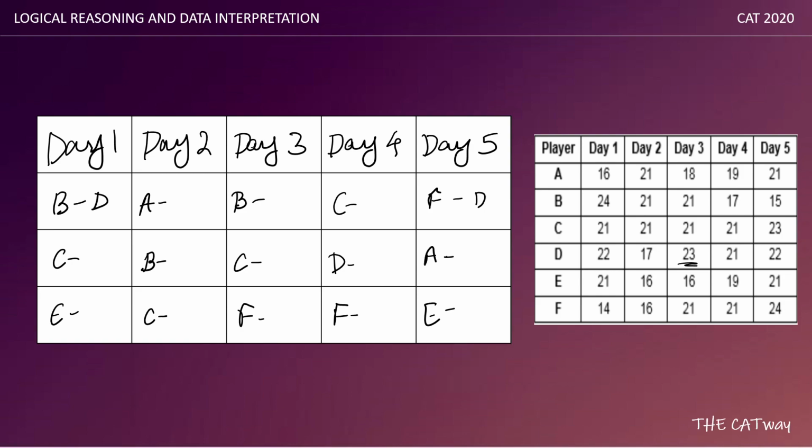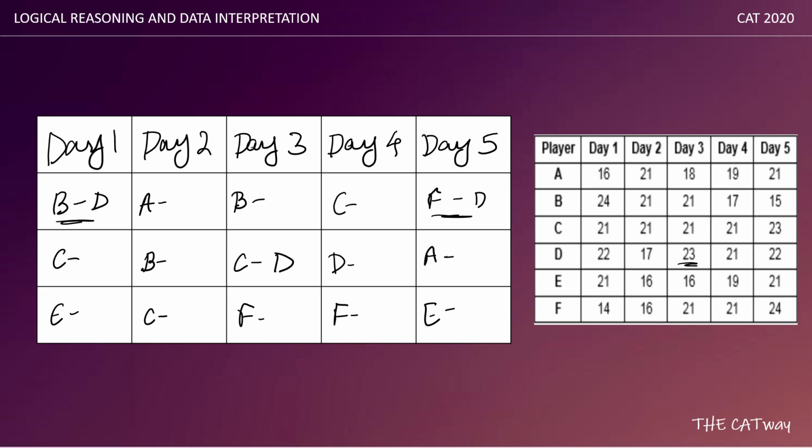Okay, so on day 3, D would not have played against B or F because D has already played against B and F. So D will definitely play against C on day 3, that's sure.